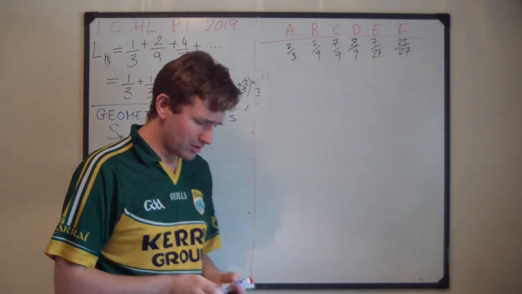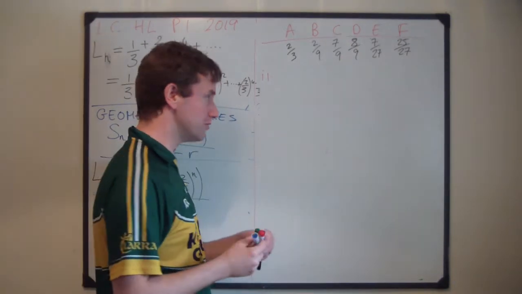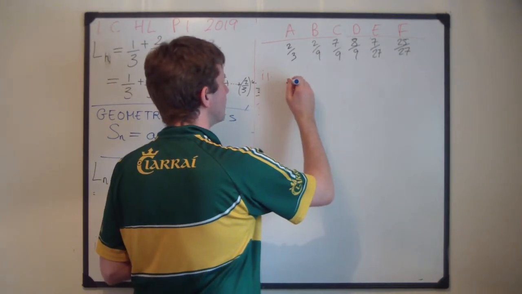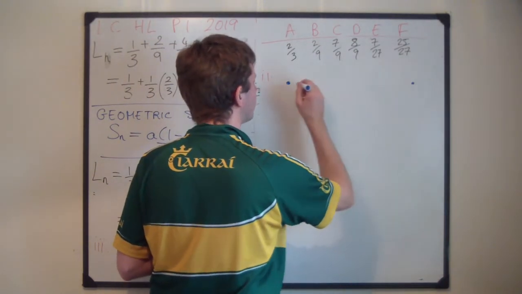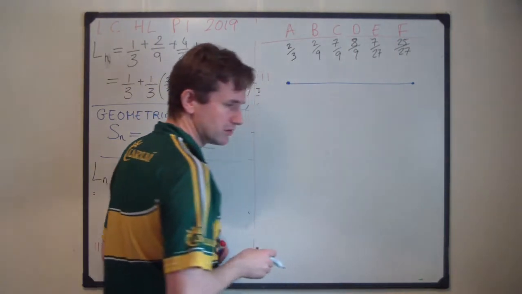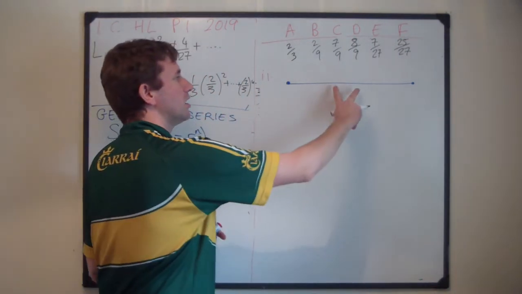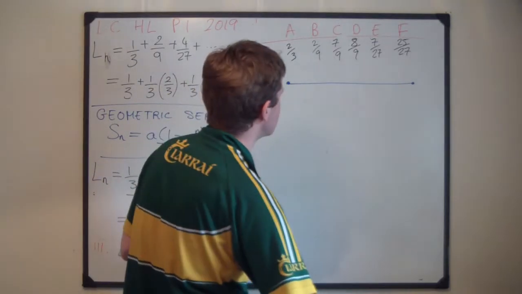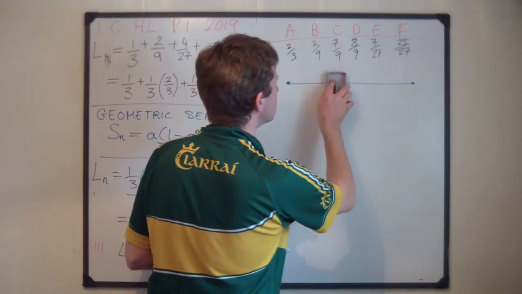So probably what we have to do is go back to the picture of the first few forms of the Cantor set. If you look at 0 and 1, that's the very start. Now if they take out the middle third, and we can actually do this kind of dynamically, so this is the middle third.